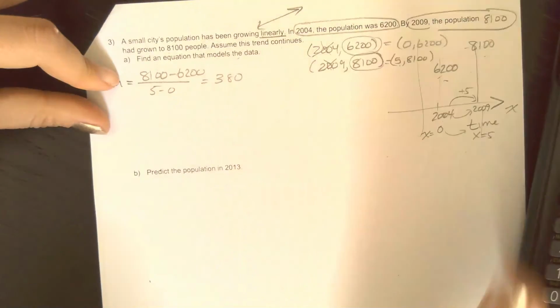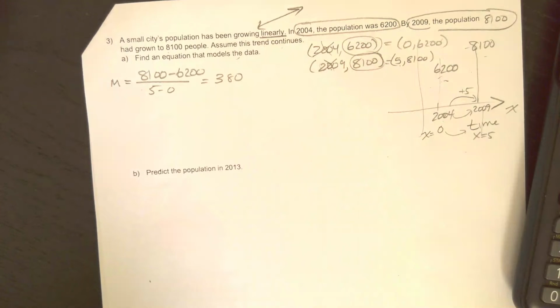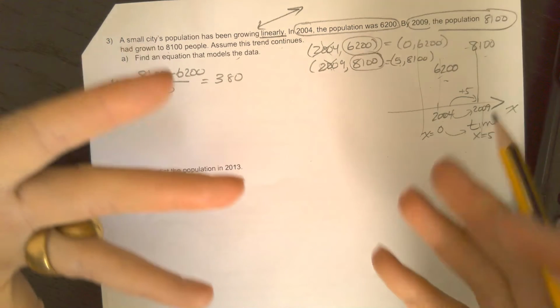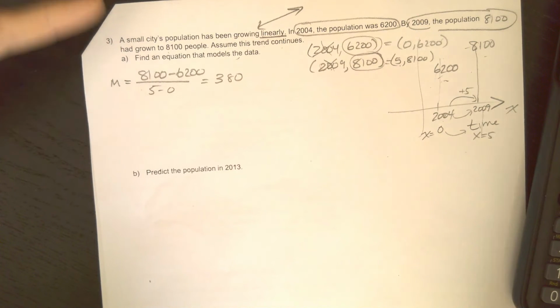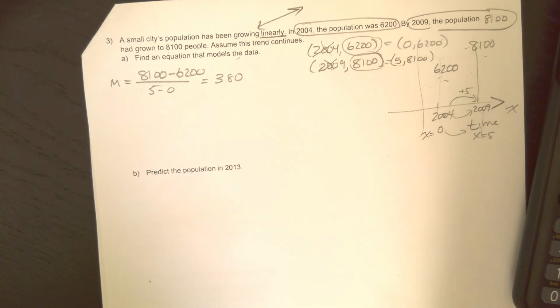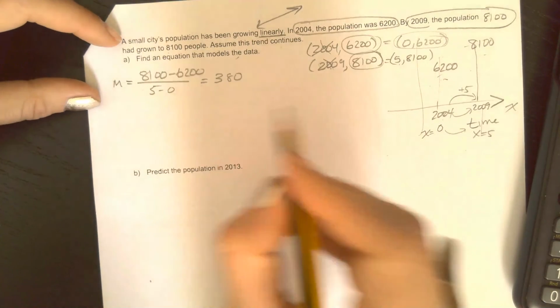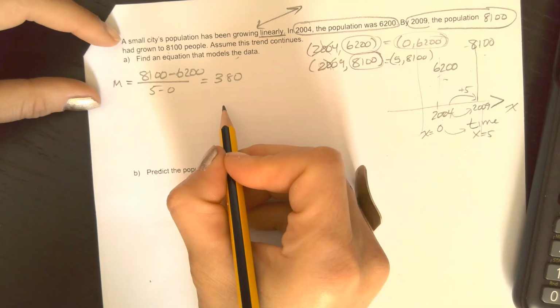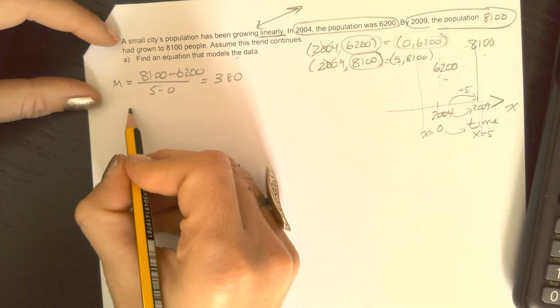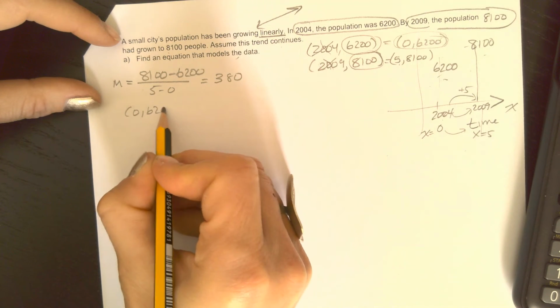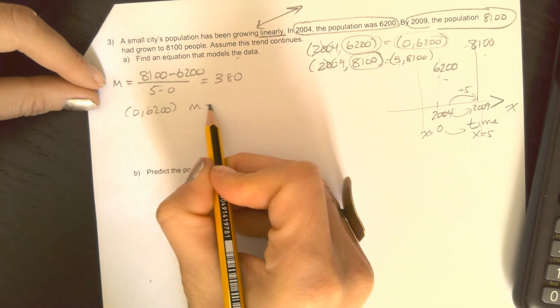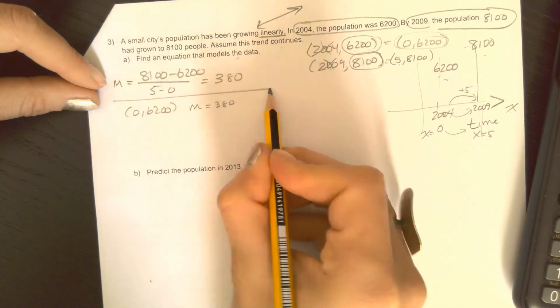Okay, now because I don't have a y-intercept, I don't even have a graph, I'm just going to choose a point. Which point looks nicer? The one with the 0 looks nicer. So let's just use this point, and I'm going to use m equals 380.